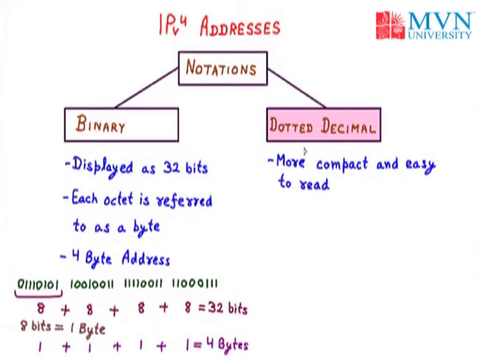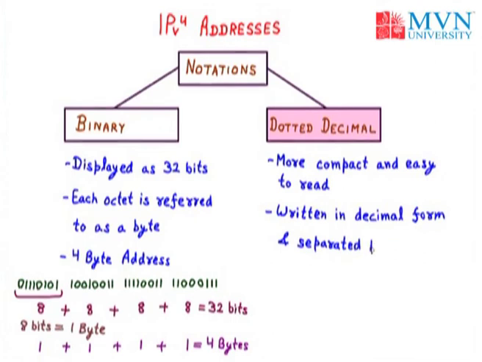Whenever we write the IPv4 address in decimal form, the decimal numbers are separated by a decimal point, which we call a dot. Here is an example of a dotted decimal notation IPv4 address: 117.149.29.2. So that is all about the binary and dotted decimal notations of IPv4 addresses.